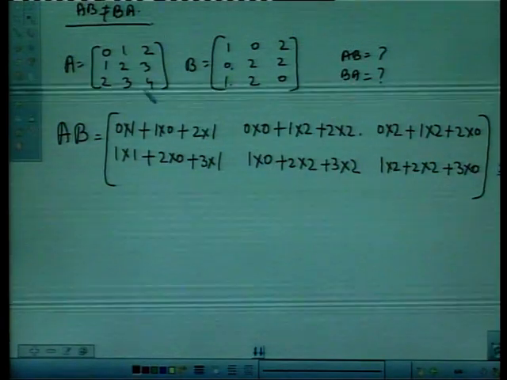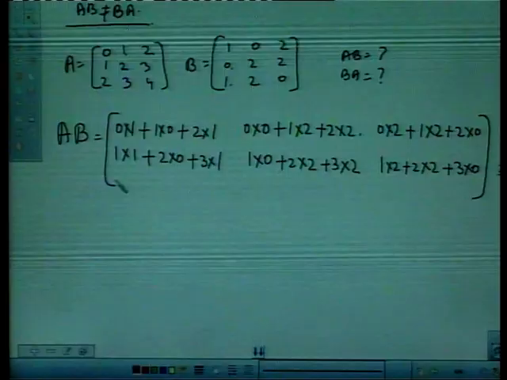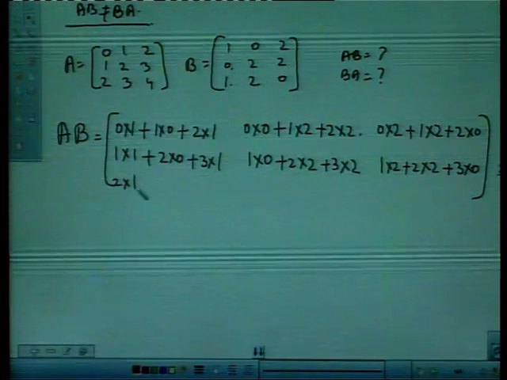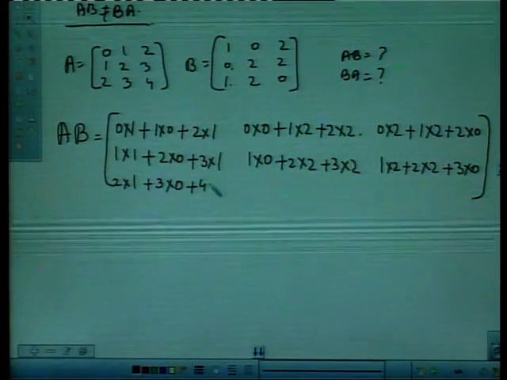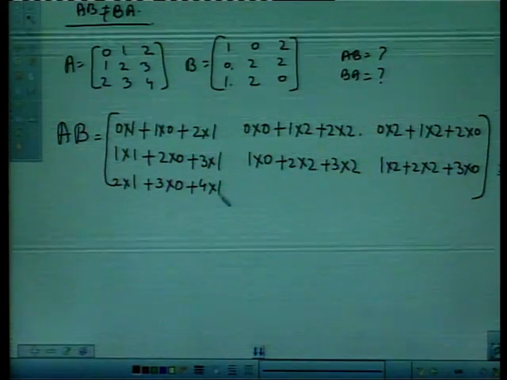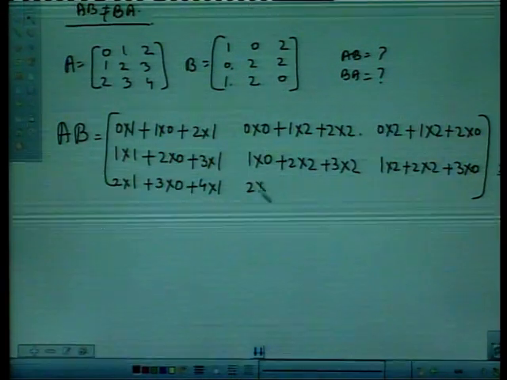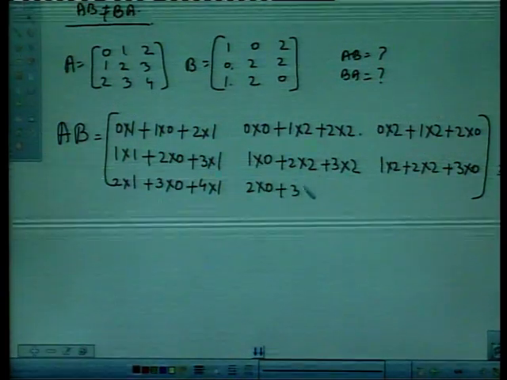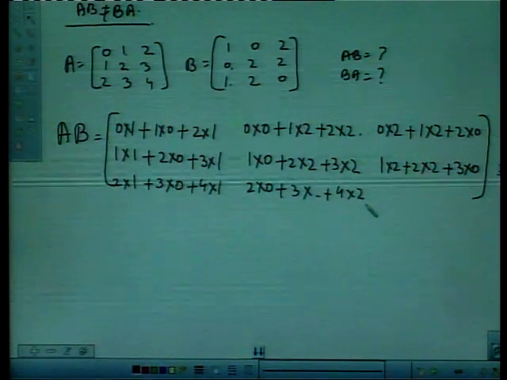Now for the third row, this is our third row and here we will take the first column: 2 multiply by 1, 3 multiply by 0, 4 multiply by 1. And third row, second column: 2 multiply by 0, 3 multiply by 2 and 4 multiply by 2.